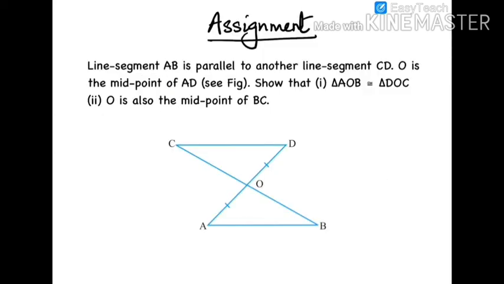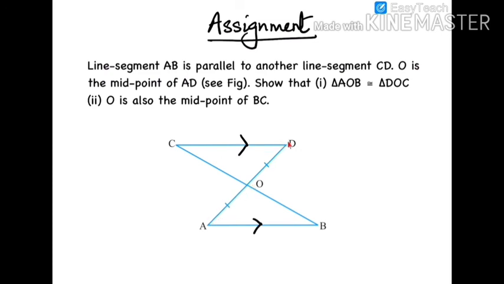With this, we come to the end of this video lesson. Your assignment for today is an example question from the textbook. Line AB is parallel to line segment CD. O is the midpoint of AD.